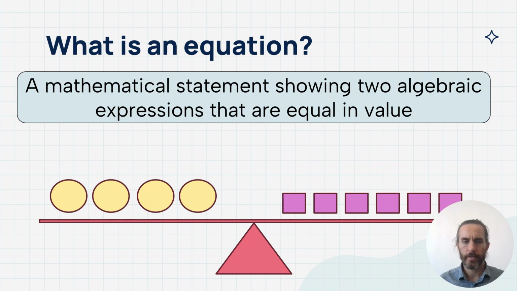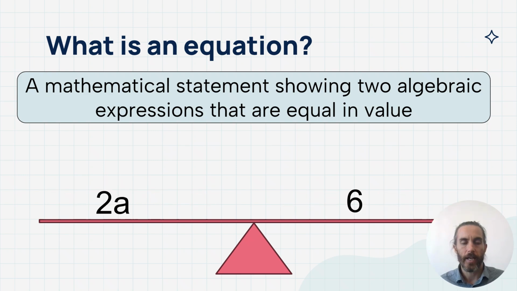So if we use numbers, let's say we've got 2a on the left and we've got 6 on the right. Currently, these things are equal in value. We don't know what a is, but we know that 2a has the same value as 6. Now, if I apply some operation, let's say divided by 2, for this still to be equal, I have to do the same to both sides.